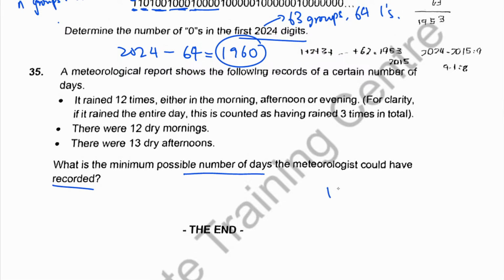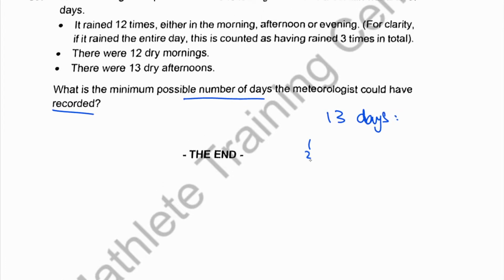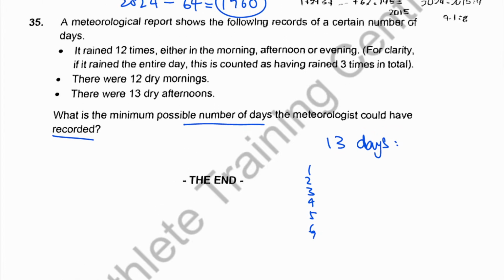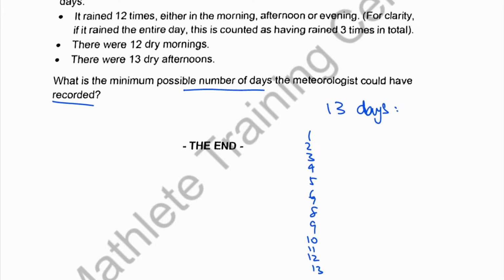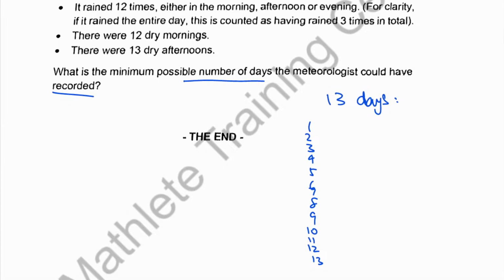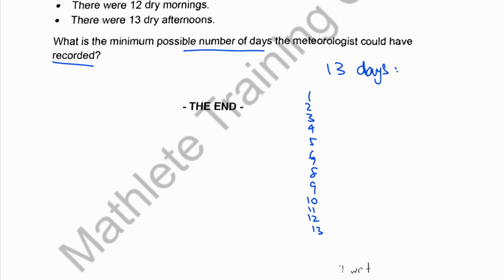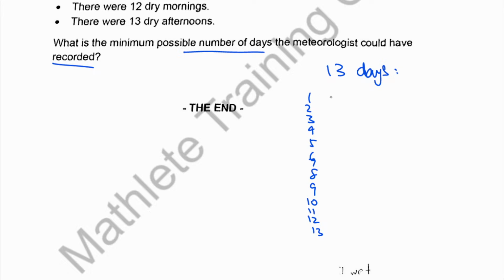And this can actually be achieved, because let me just draw a small table to see why this is actually alright. There were 12 dry mornings and 13 dry afternoons. So I can just have rain, morning, afternoon, evening.